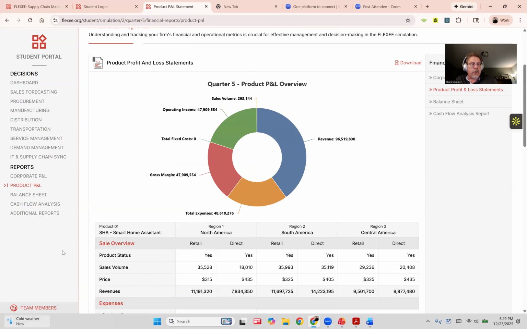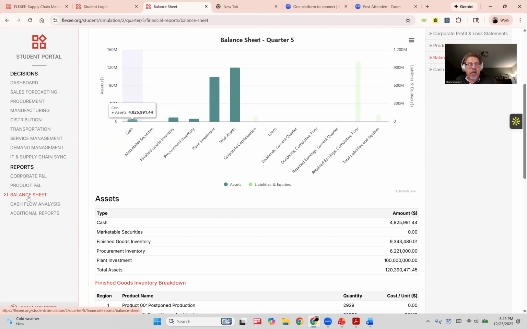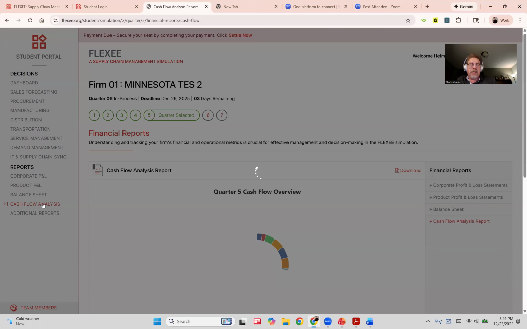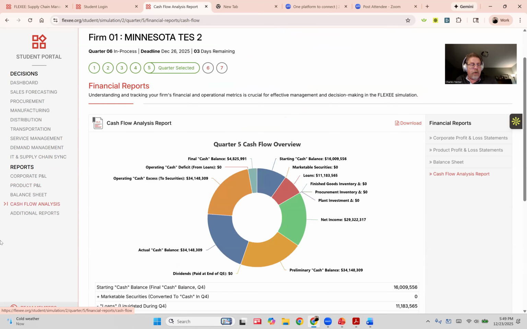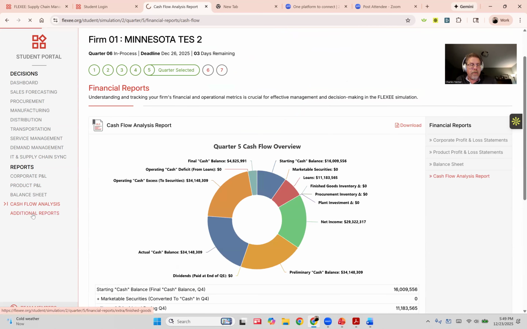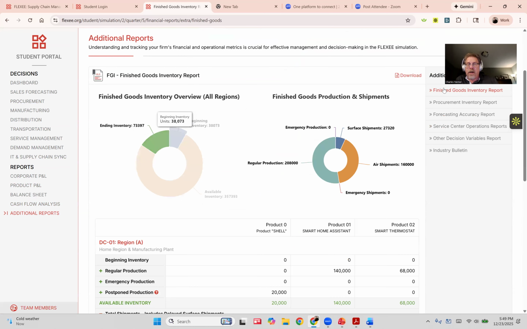We also have balance sheet and cash flow. So you can start looking at and addressing, and this is part of complete leadership, the changes in the balance sheet, what we own, what we owe, where does money come from, where does it go, as well as cash flow analysis, so we can see how we're doing in terms of working capital, etc. The additional reports that are down below, you can see it on the right side here: finished goods, inventory levels, procurement inventory, forecast accuracy as an example.